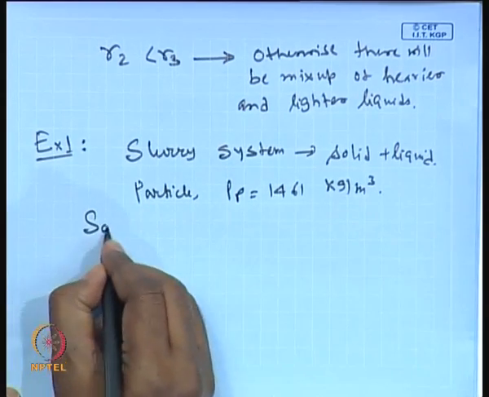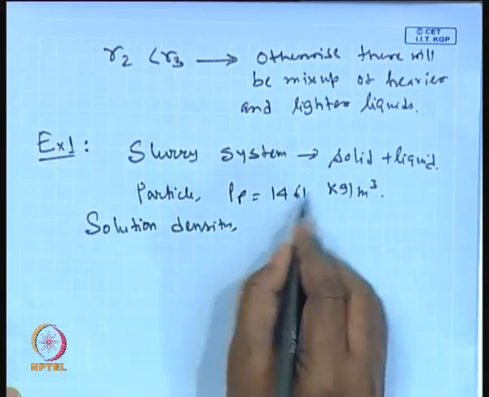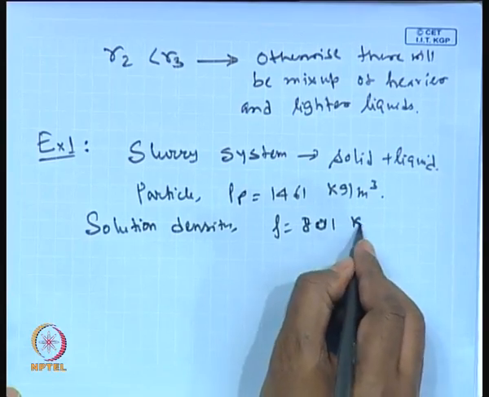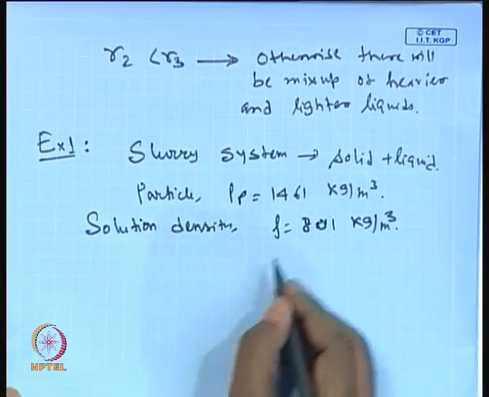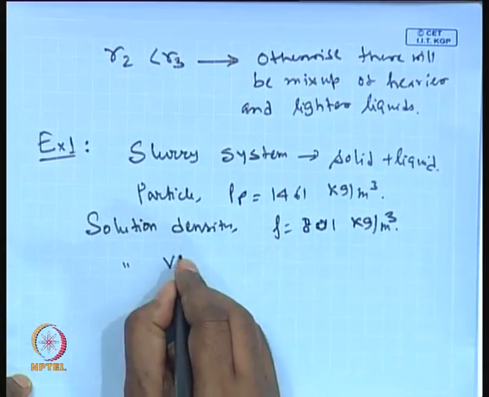Okay. Solution density is given, rho is 801 kg per meter cube, and the viscosity of the solution is also given.